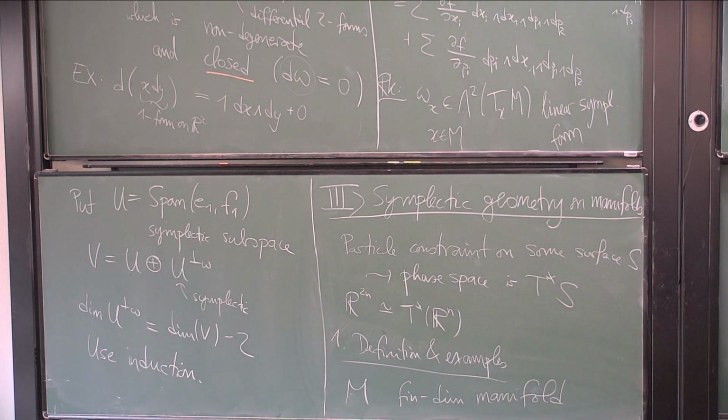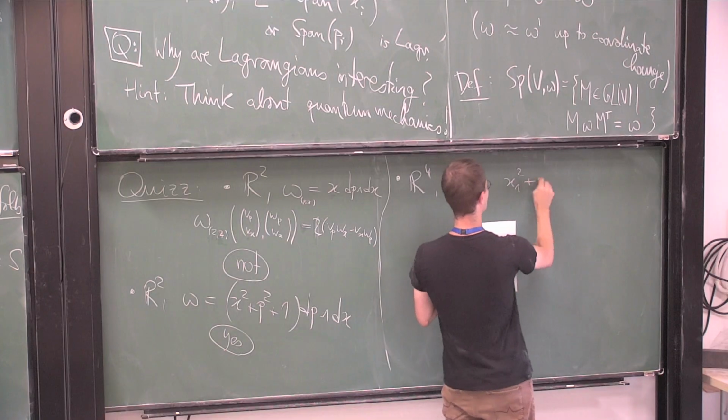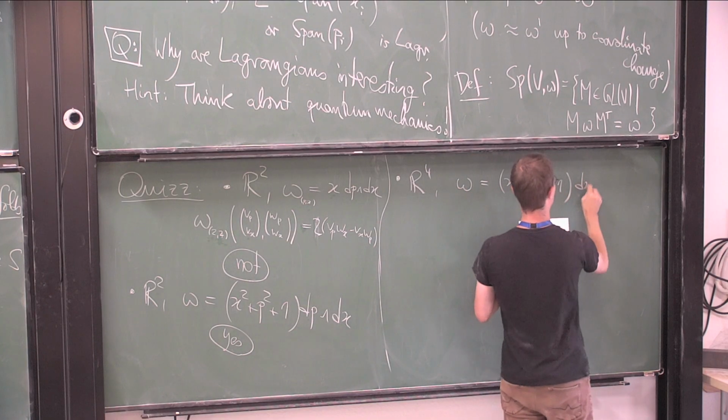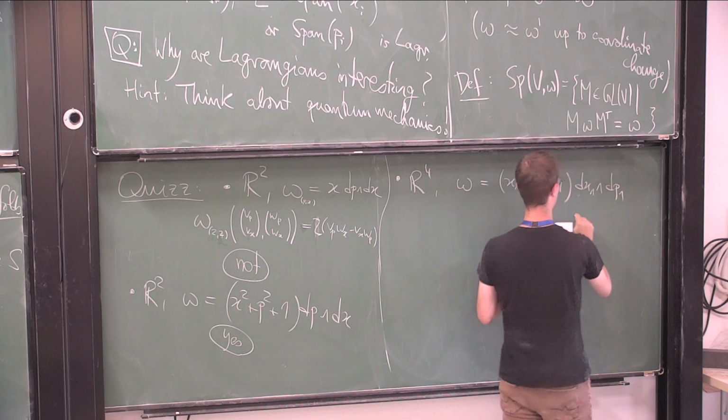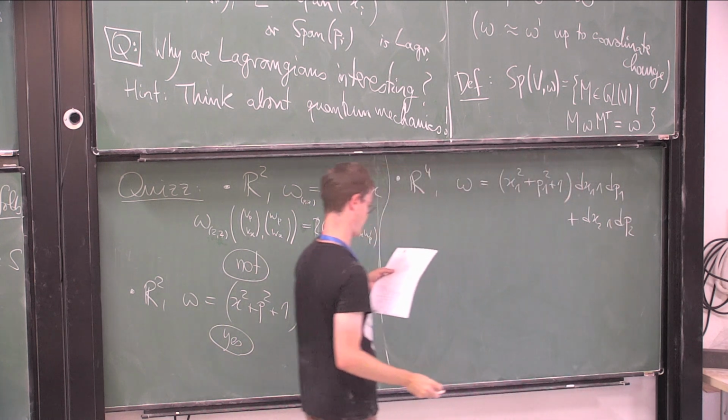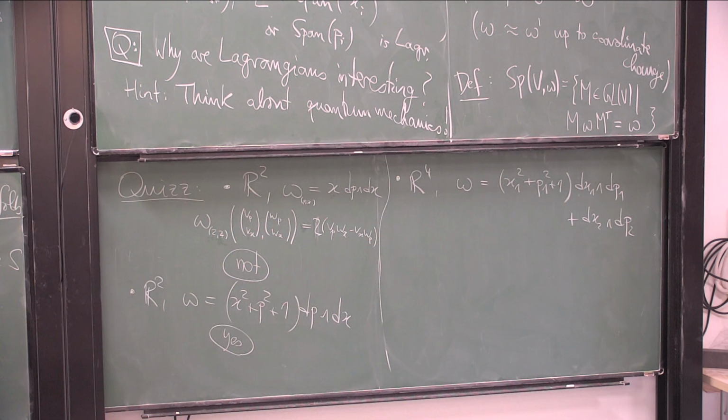Now on R4, omega equals (x1 squared plus p1 squared plus 1) dp1 wedge dx1, plus the standard one, dp2 wedge dx2. Symplectic, yes or no?